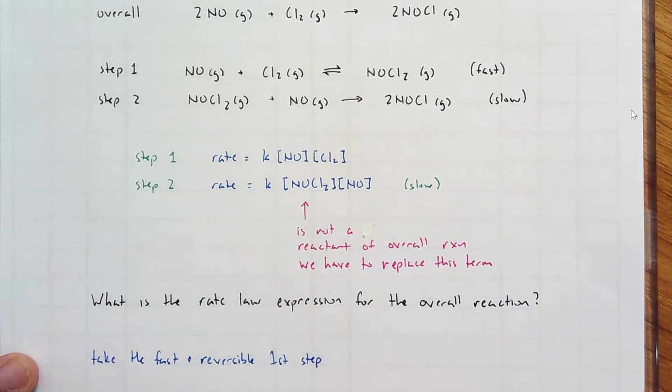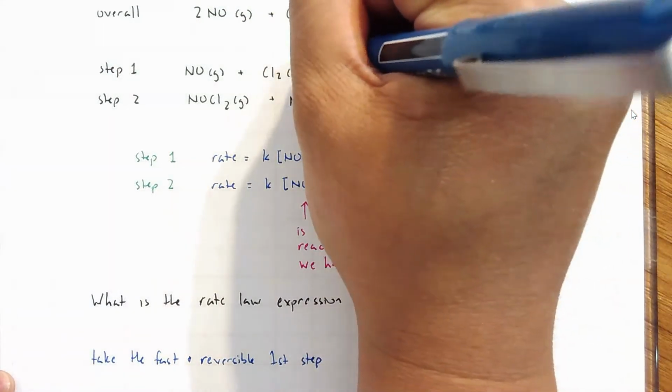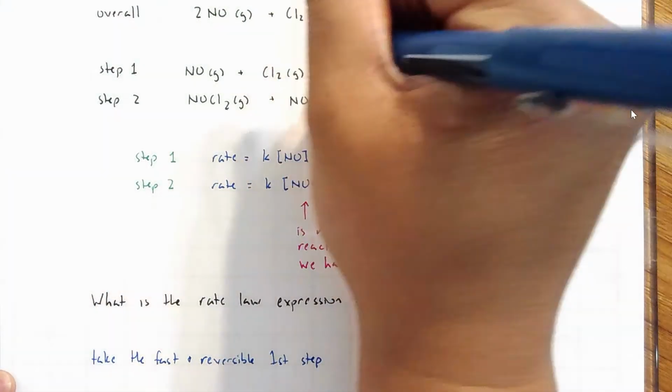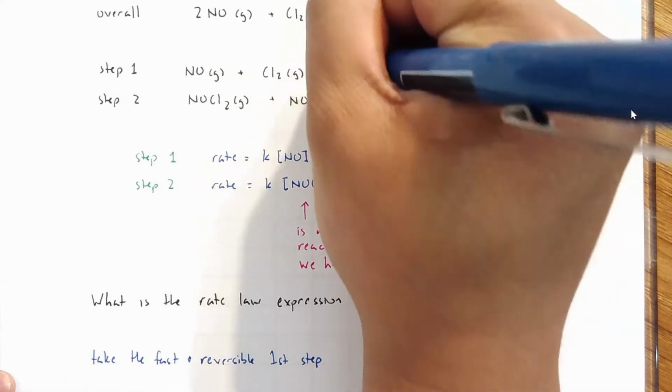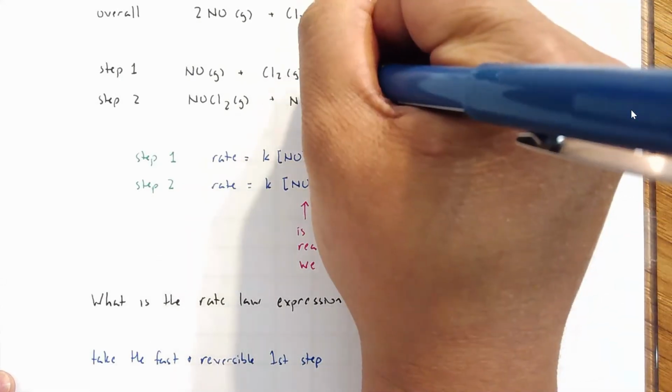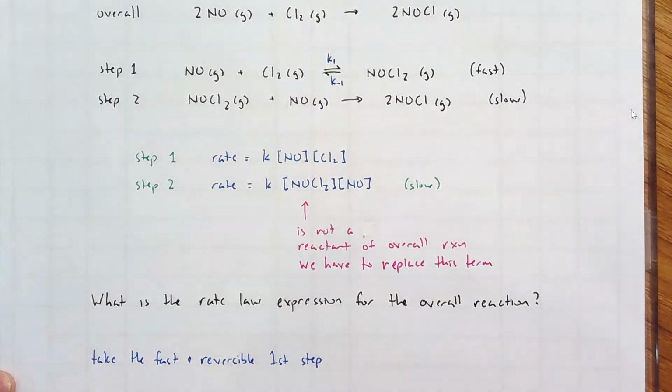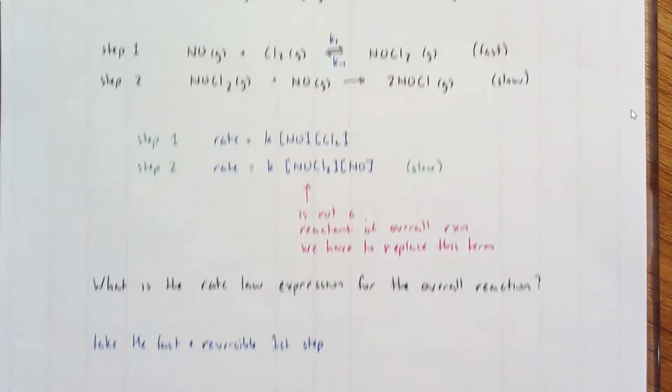Okay, so you take the fast and reversible first step, and you write the rate law for the forward direction and the backwards direction. So we'll call this k1, and this is k minus 1, going in the backwards direction. So there's a rate associated with the forward direction, and there's a rate associated with the backwards direction.